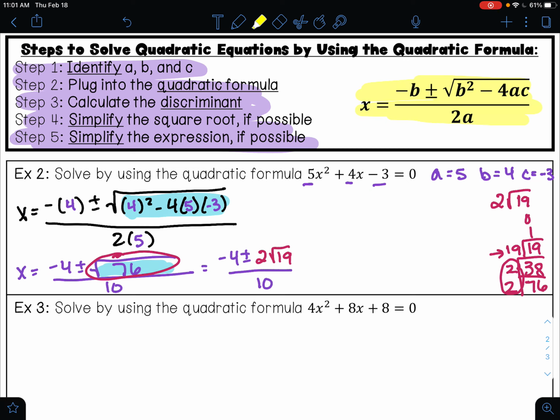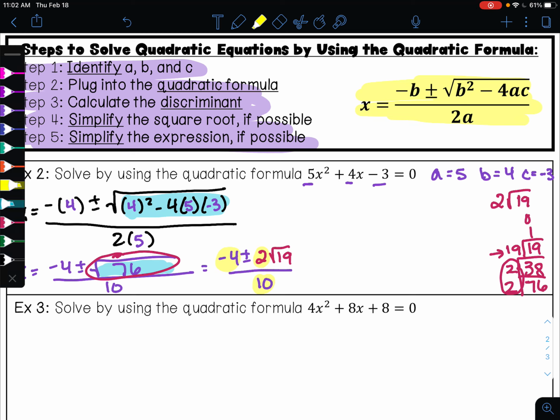My next step is step 5, which is to simplify. Well, when I look at this problem, -4 and 2 square roots of 19 are not like terms. So I can't add and subtract them together like how we did in example 1. But what I do notice is that -4, 2, and 10 are all divisible by 2.